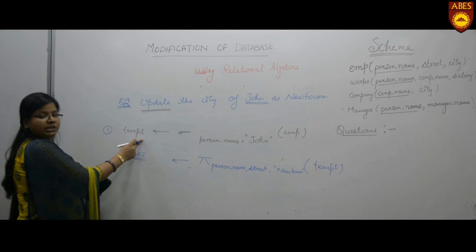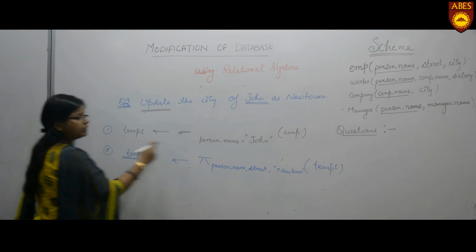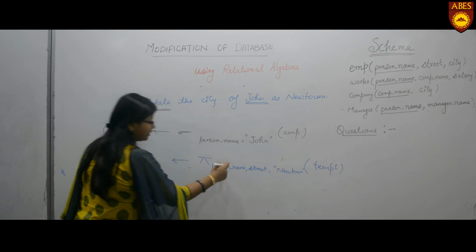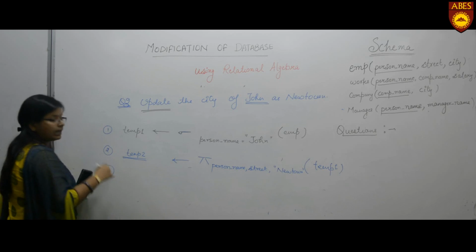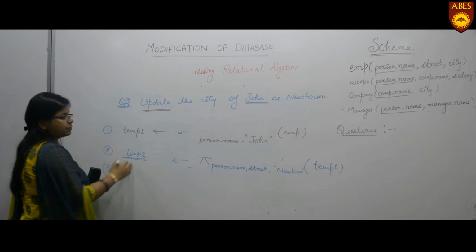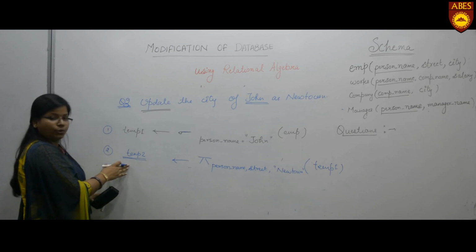First, fetching the older values to be modified. Second, on the older values I modify as per the given question. And third, I will update my actual schema. Now I have the older values as well as the new values.